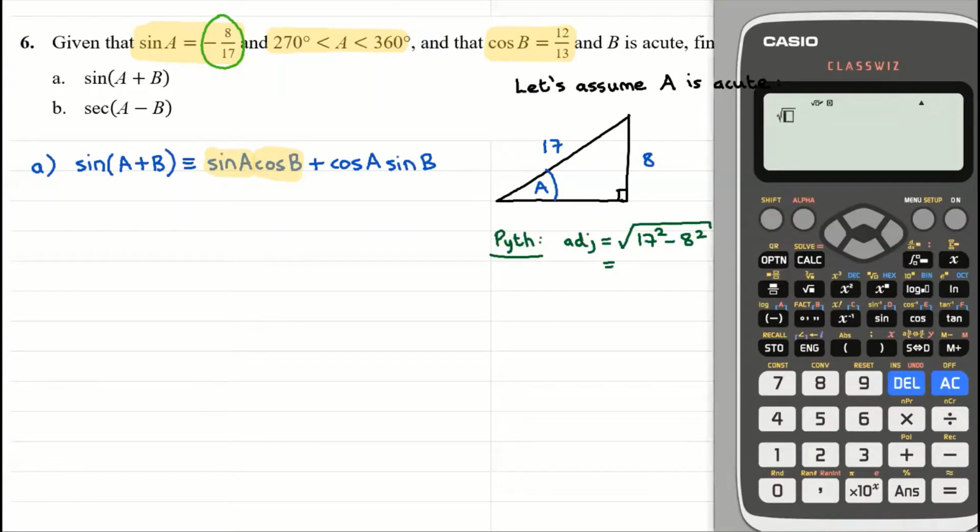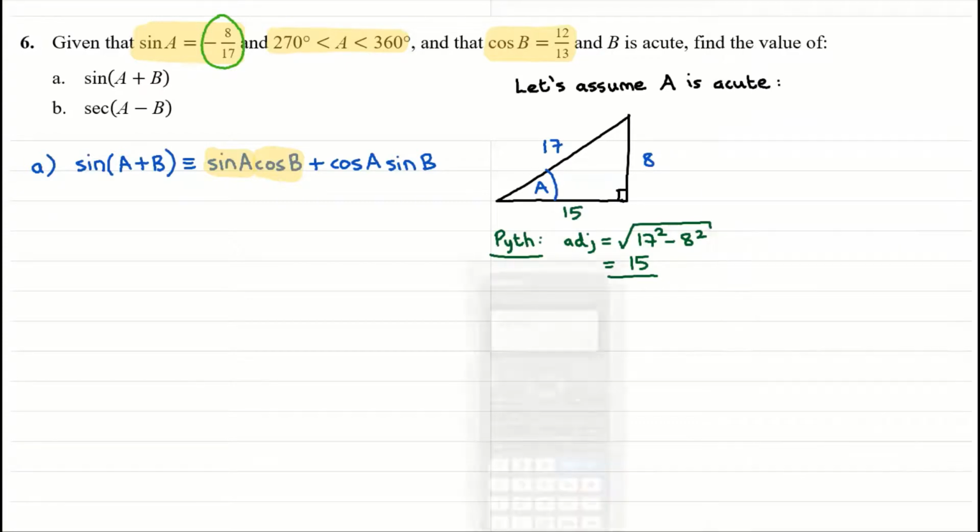So if we take the square root of 17 squared and subtract 8 squared, that's equal to 15. Yeah, it's a Pythagorean triple. Okay, let's write that down. So that's nice. I always anticipate that. It would be a mean question to bring in complex surds and things like that. Look out for the triples. So this side here is worth 15, which is really good.